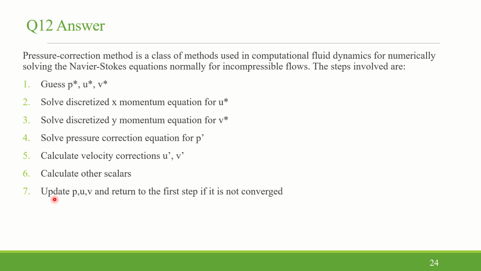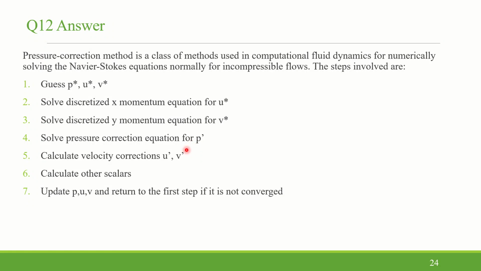After obtaining the correction variables, we update P, U, V and return to the first step if it is not converged. So we start with guess values for P star, U star and V star, solve the discretized x momentum equation to obtain U star, solve the discretized y momentum equation to obtain V star, and also get the pressure correction term P dash.